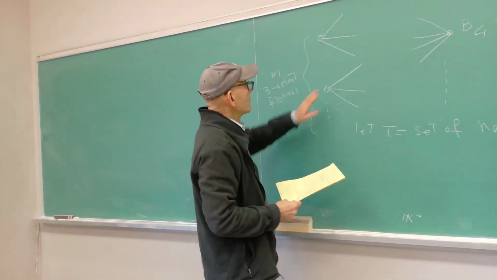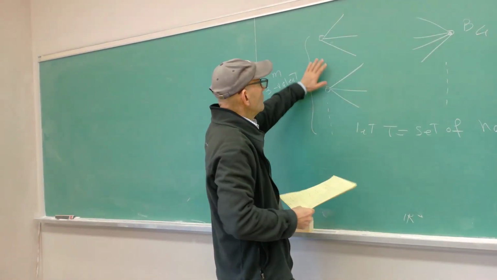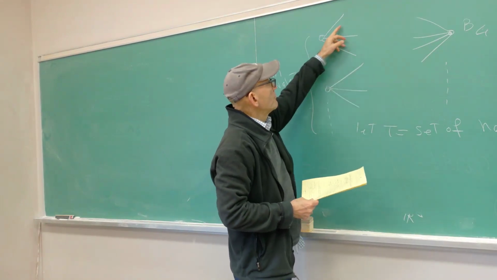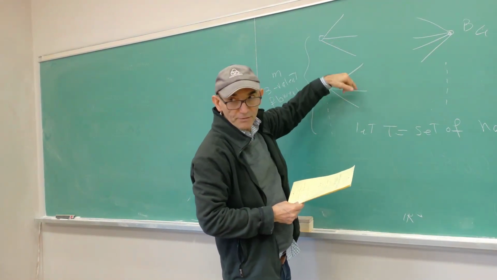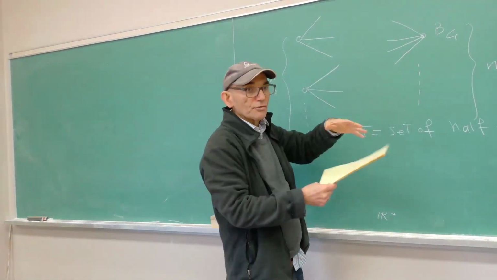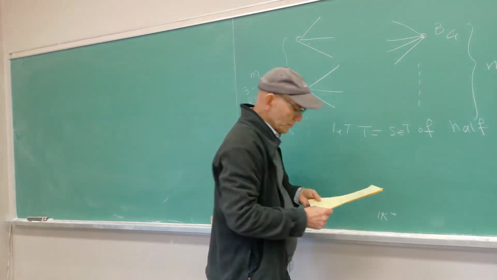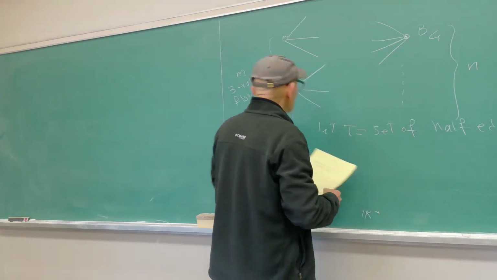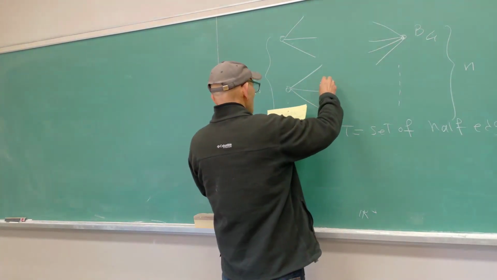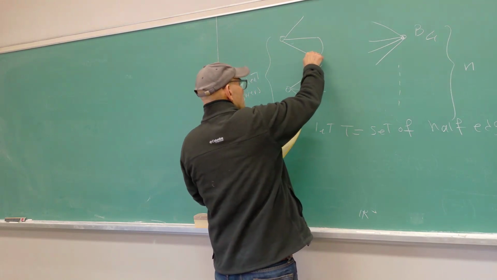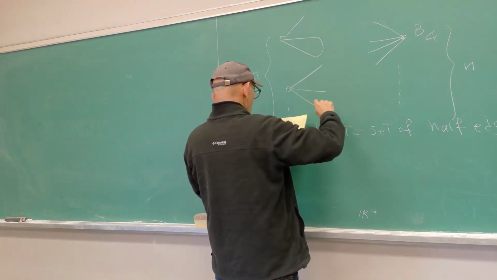Now Wick's theorem tells us that to compute such a thing, we have to create all kinds of pairings of these half edges, and then contract, and then you get the final weight of the thing. Let's consider one example. You connect these two half edges.